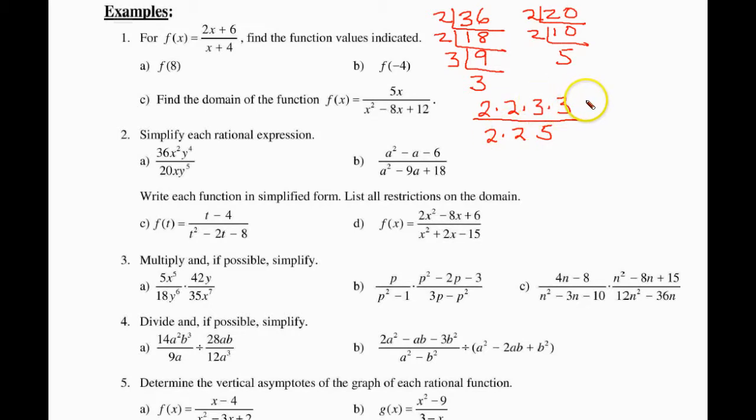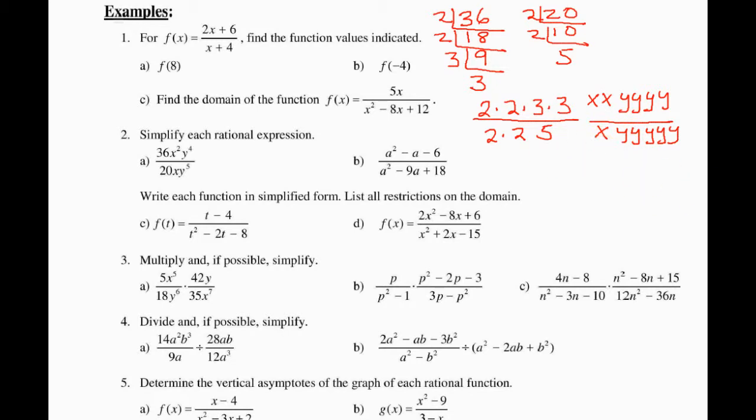And then keep in mind we also have x, x, and we have y, y, y, y. I'm oversimplifying just to show you this one time what it's like. And then here we have y, y, y, y, y. Okay.